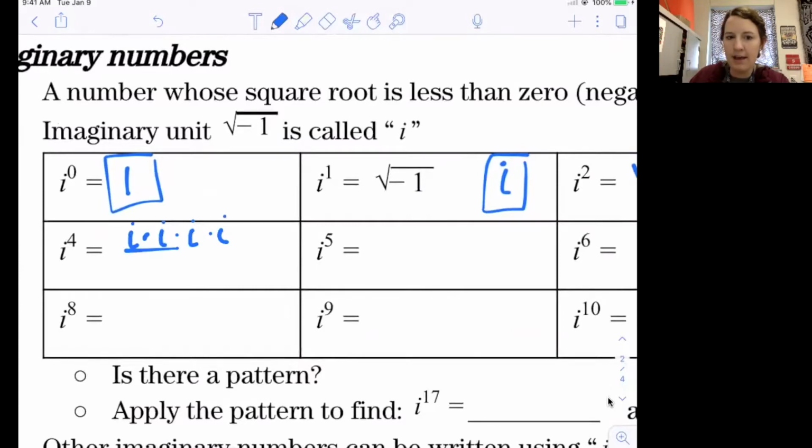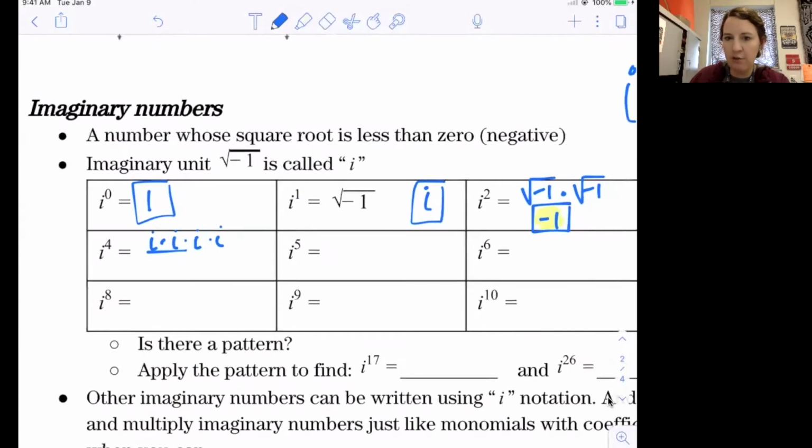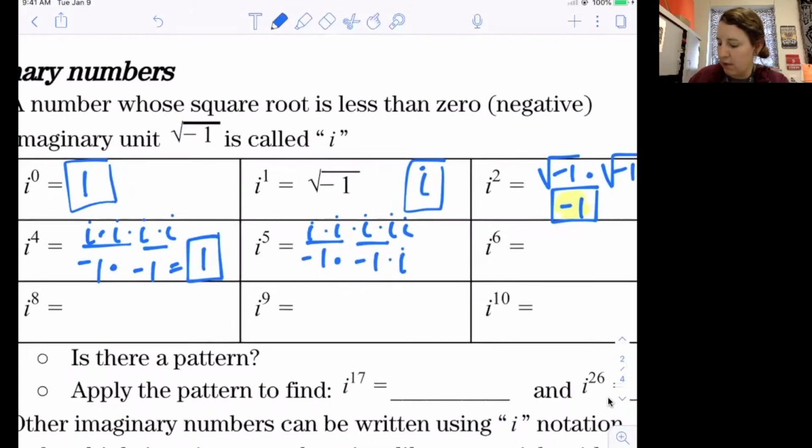Here I have a pair of i's, i squared, which as we know is -1, and here I have another pair of i's, which when multiplied together gives me -1. -1 times -1 is +1. i to the fifth power: i squared is -1, i squared is -1, and then I just have an i, that fifth i that didn't pair up. So -1 times -1 is +1, times i is just i.